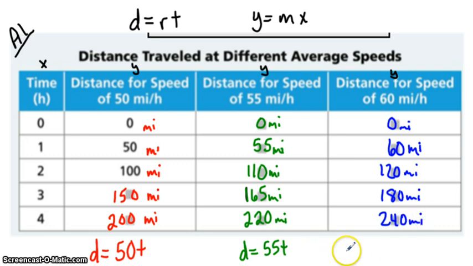Okay, now again, distance that we travel is equal to our speed, or our coefficient, multiplied by the time that we are traveling. So distance equals our speed times our time. Again, right here, distance equals the rate of speed multiplied by our time.